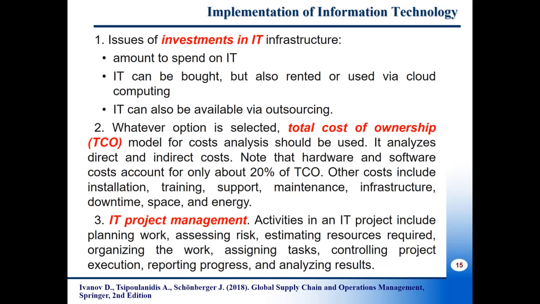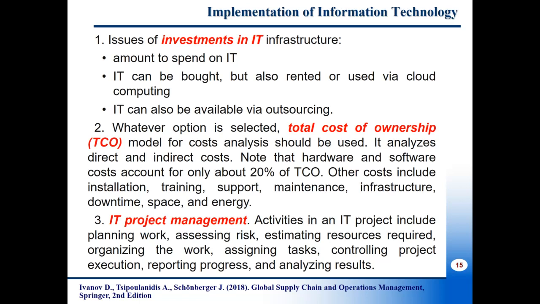And therefore, the issue of investment in IT infrastructure should be highlighted. We have at least three issues here: the amount to spend, IT can be bought but also can be rented, and even can be borrowed via outsourcing. Therefore, whatever option is selected, the total cost of ownership or TCO model for cost analysis should be used.